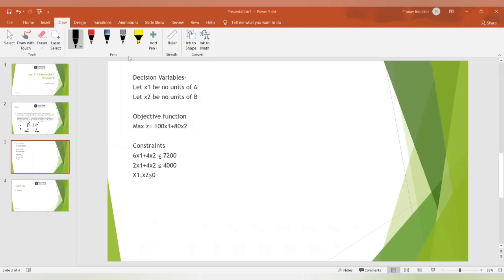What we are going to do is convert constraint 1 and 2 into equality, and we are going to solve this and find the coordinating points.